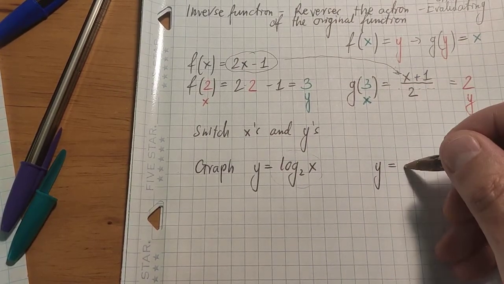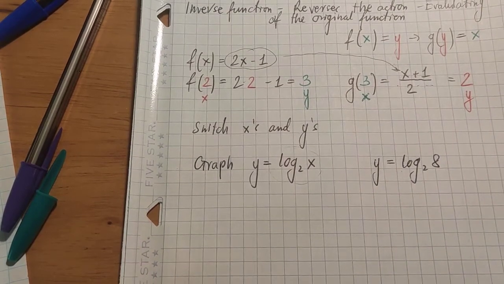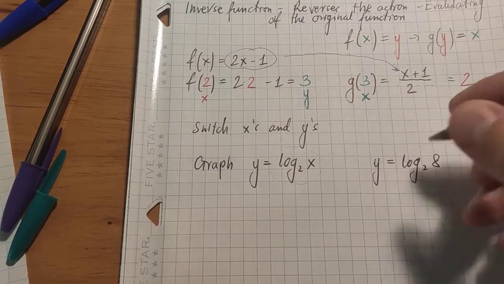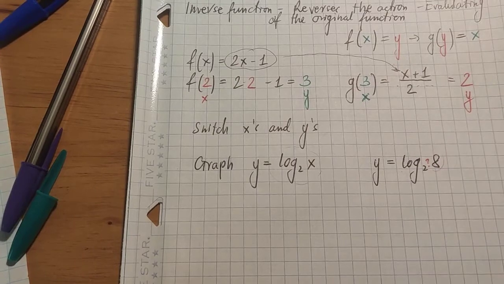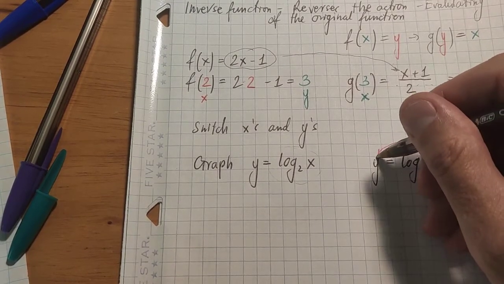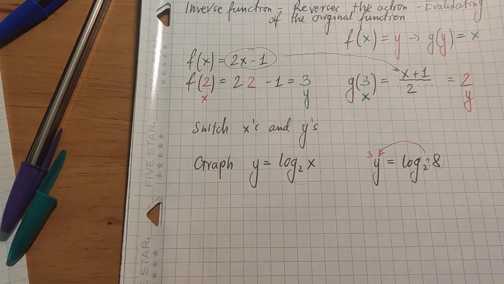So y equals log base 2 of 8. This is asking me what power do I put here to give me 8? So that power is the solution of this problem. So it would be 3.